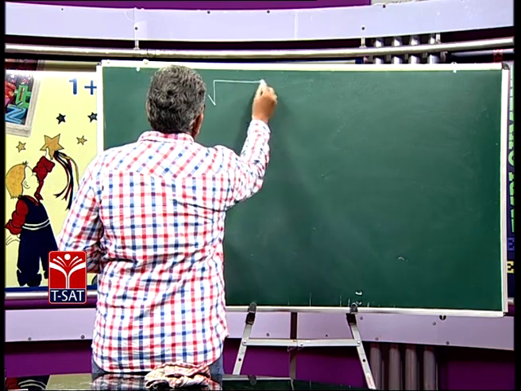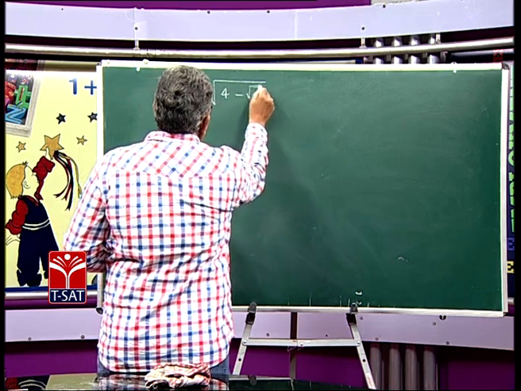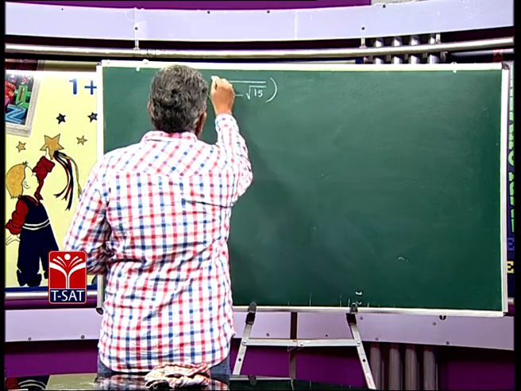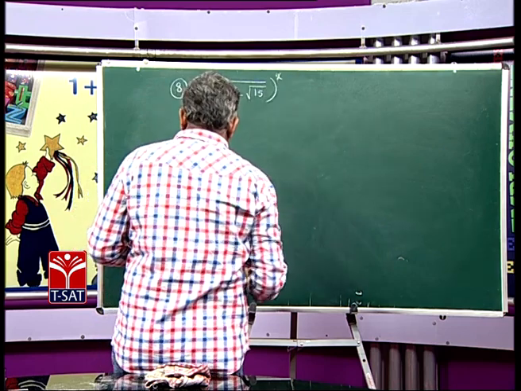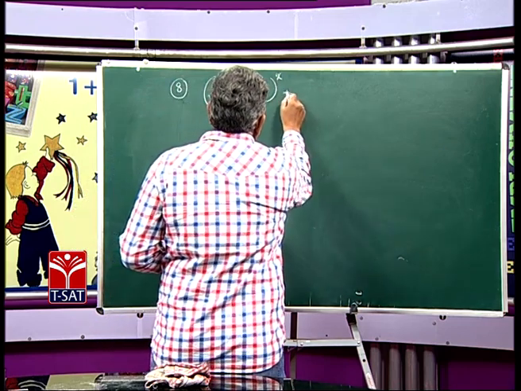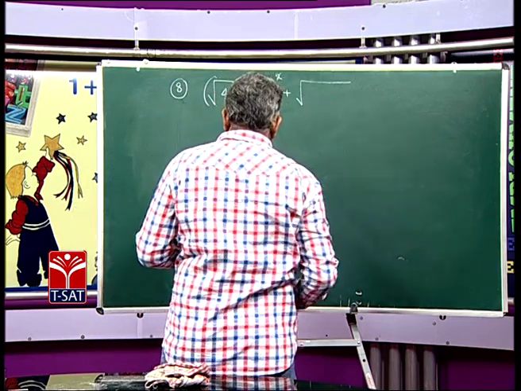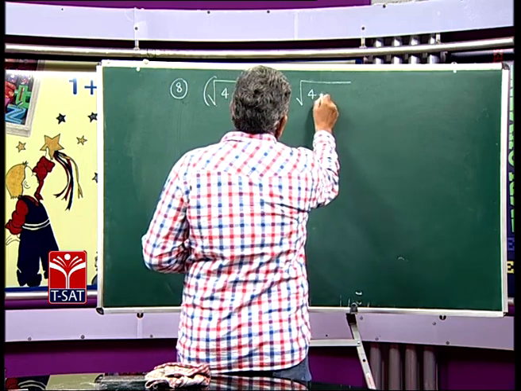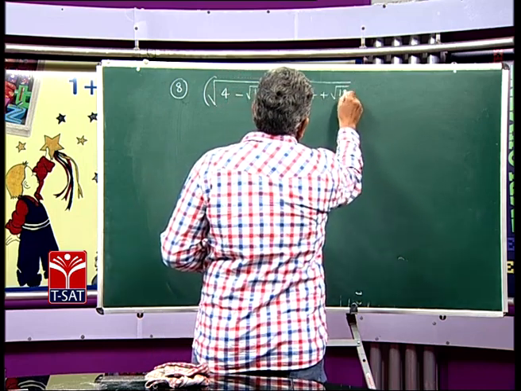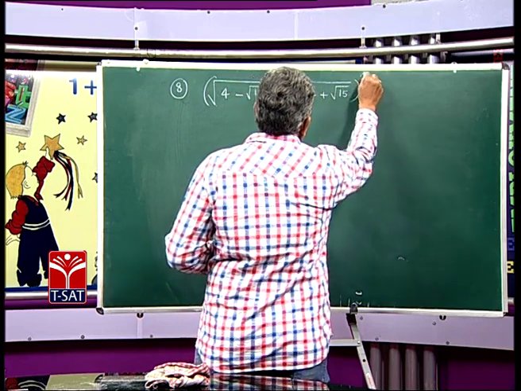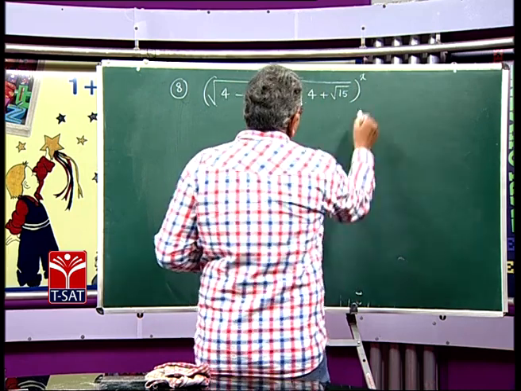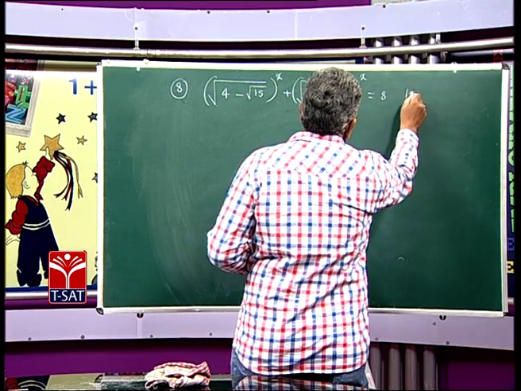Root of (4 minus root 15) whole to the power of x plus root of (4 plus root 15) whole to the power of x equal to 8.